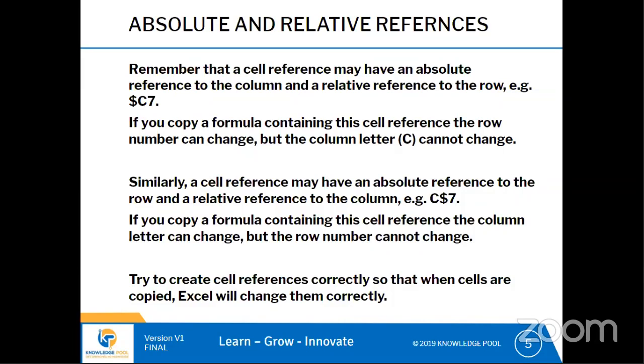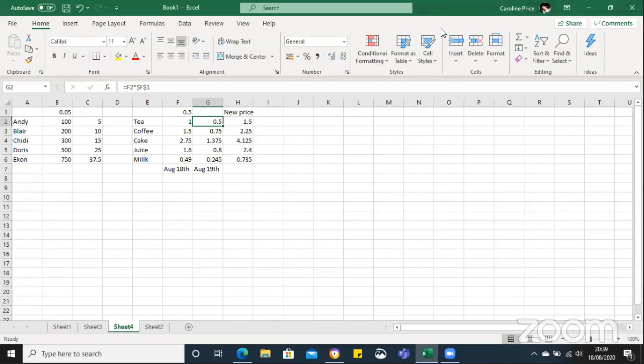Okay, so let's go back to our workbook and see what we've got going on. So we're going to have a look at working out that total pay rise. And we've just labeled it total for simplicity's sake.